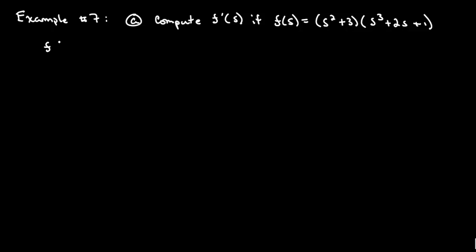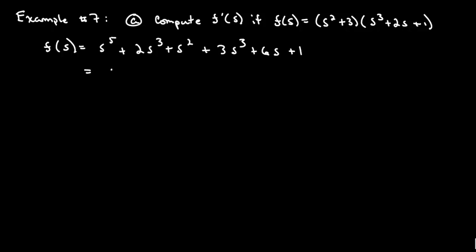So f as a function of s is equal to, and when I multiply s squared in, I get s to the fifth plus 2s to the third plus s squared. And when I multiply 3 in, I get 3s to the third plus 6s plus 3. I forgot to bring my 3 in to this last term.